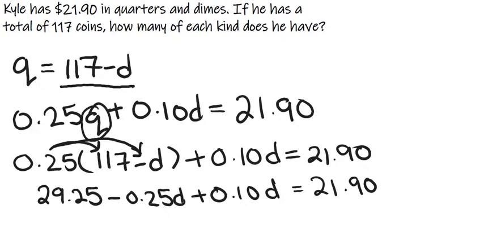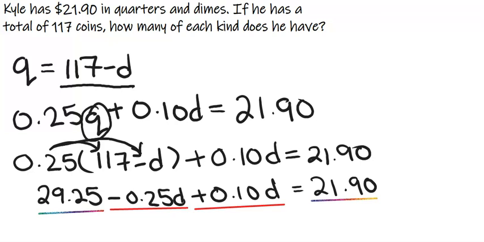Okay, now we have to add or subtract like terms. As you can see, negative 0.25D and positive 0.10D are like terms, and positive 21.90 and 29.25 are like terms.